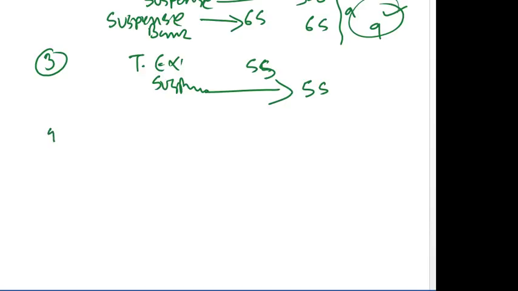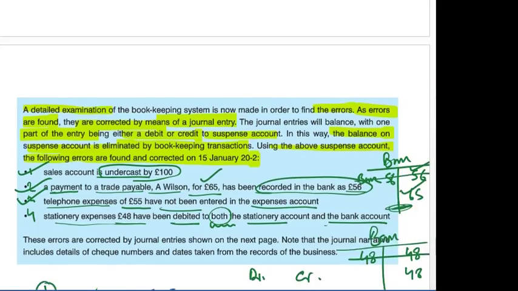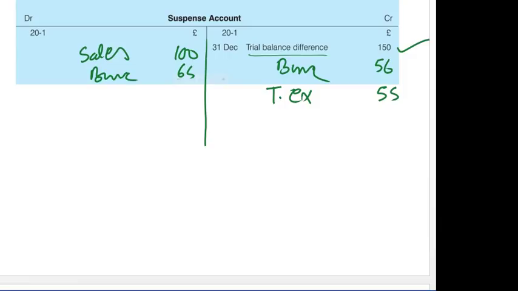So number 4, I'll start with the bank first because I want bank credit 48 and suspense debit 48, and yet again bank credit 48 and suspense debit 48. Debit suspense 48 and 48.